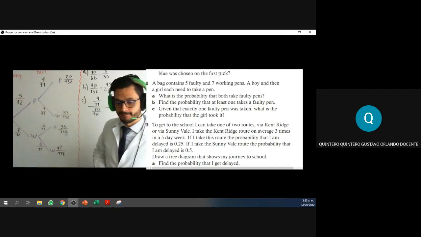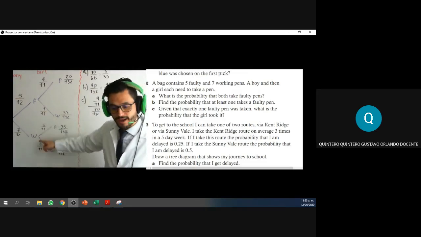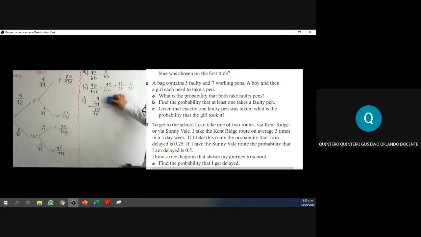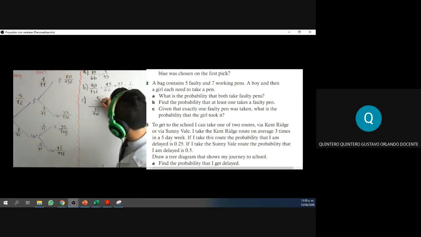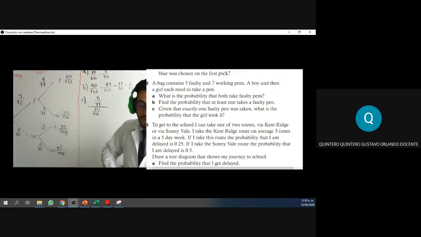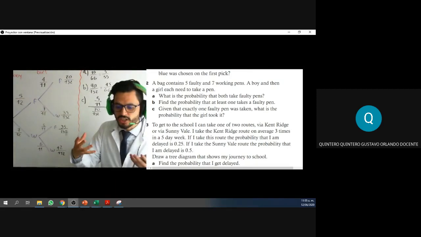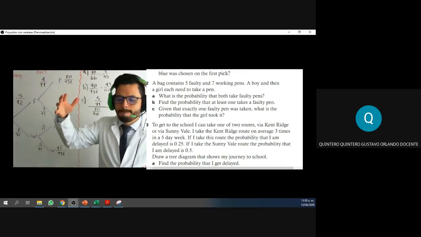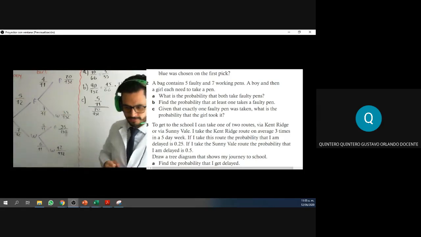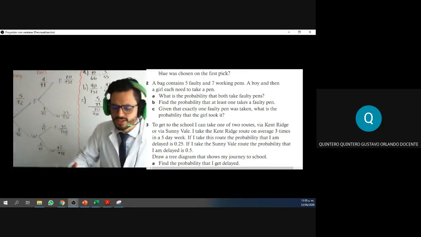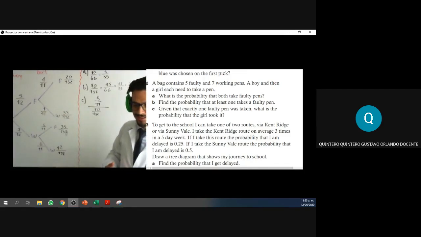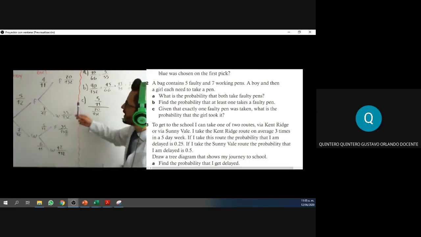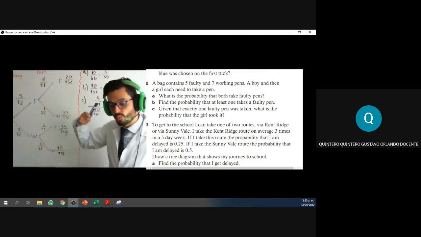The only option that we can take into account is this one over here, 5/11. That was a mistake. Remember, the condition makes our universe smaller. The condition changes our universe, so only the ones that qualify are the ones that we are going to take into account.